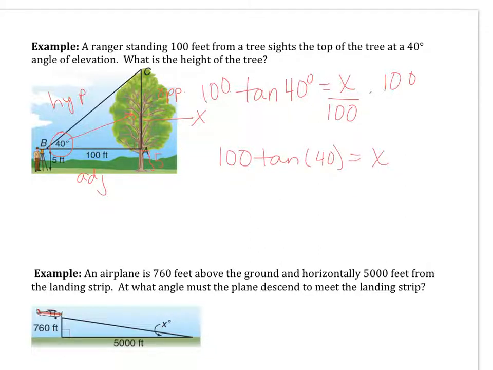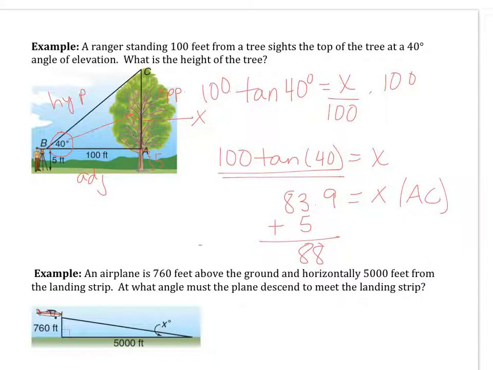Well, not the equals X part, but this first part you're going to type in your calculator, and you get an answer of 83.9 is equal to that X, which is that AC value. We're going to add 5 feet to that, so my tree is 88.9 feet tall. So we added that 5 feet because that's how tall he was, or what he was sighting it from.